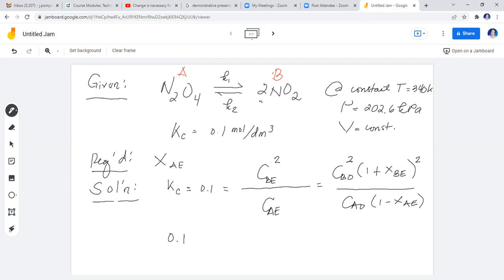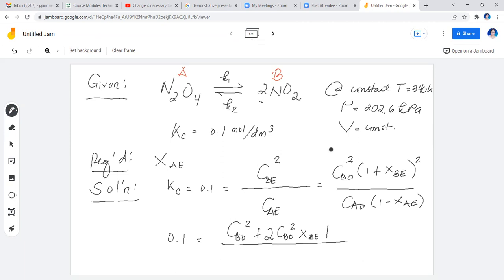So you have 0.1 being equal to this. You have to expand this and distribute this. In the process, you will have CBO squared if it's 1. In the middle, this will be 2XBE, and you're going to multiply it with this, so you will have 2 CBO squared X sub BE, because the product of these two is 2X sub BE.